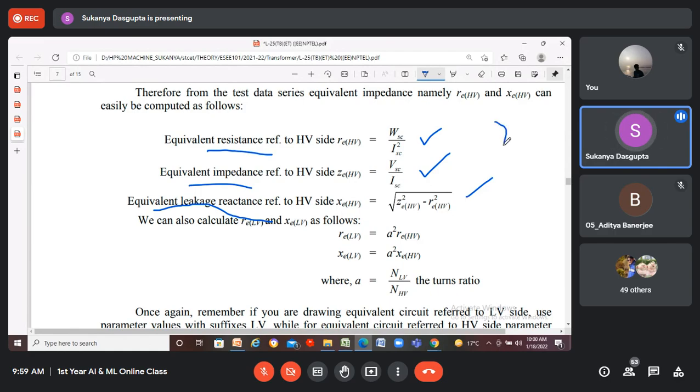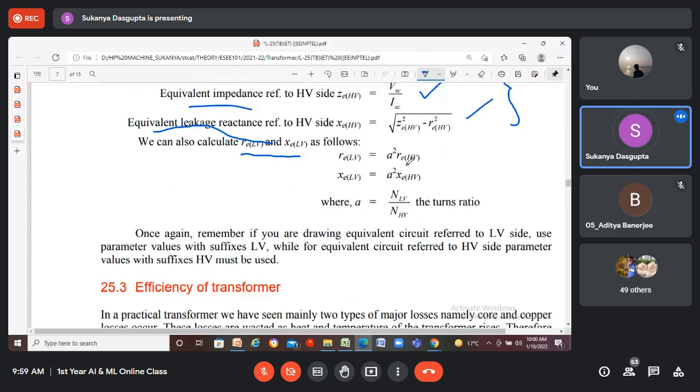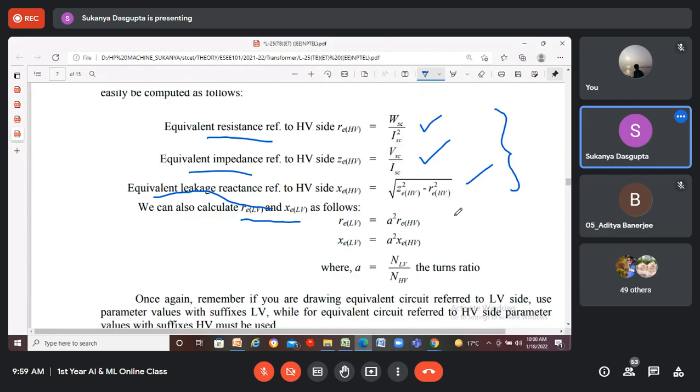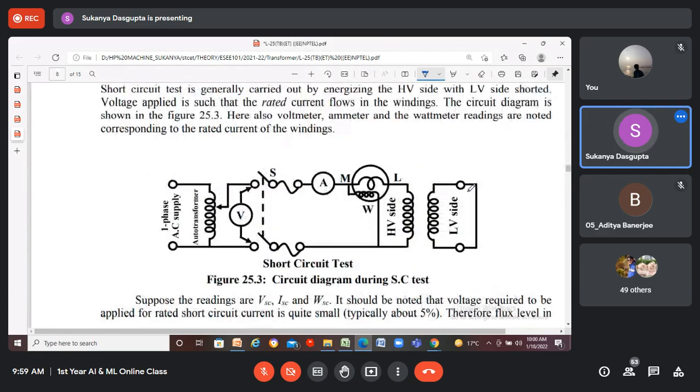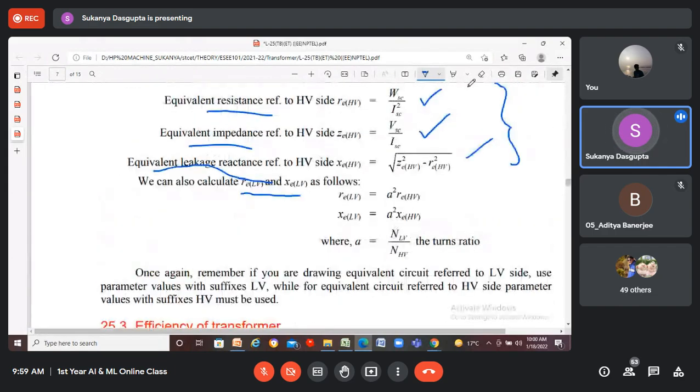Now with these parameters, you can calculate the equivalent resistance and equivalent reactance of the low voltage side winding by multiplying these parameters, RE and XE, by A squared, where A is the turns ratio, the number of turns at the low voltage side winding divided by the number of turns at the high voltage side winding, keeping in mind that here the high voltage side will be connected with the metering side. Is it clear to everyone?